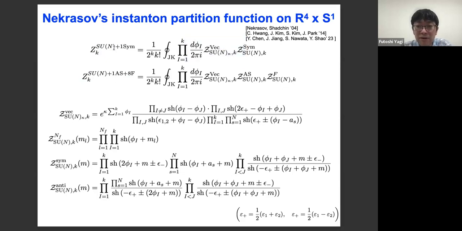For example, an SU(N) gauge theory always has a vector multiplet, so we multiply the contribution from the vector multiplet.